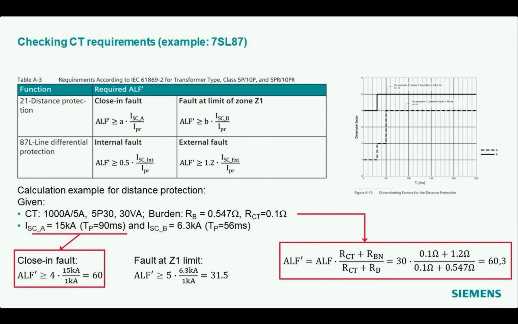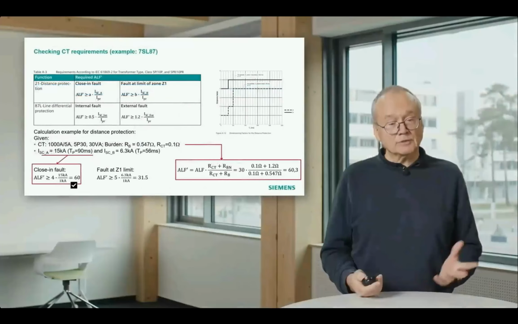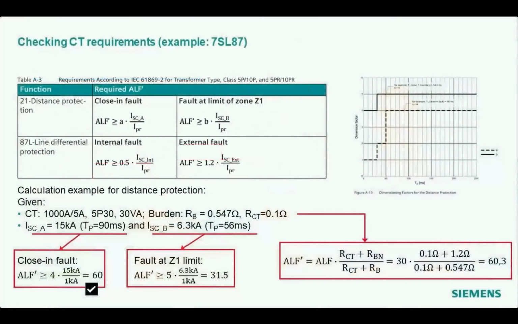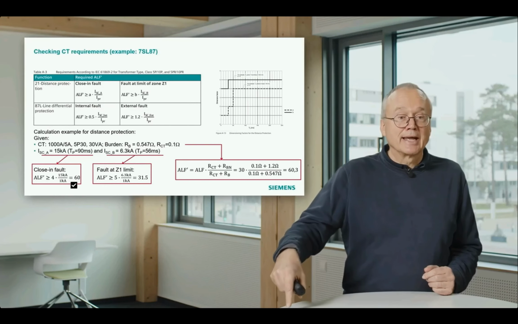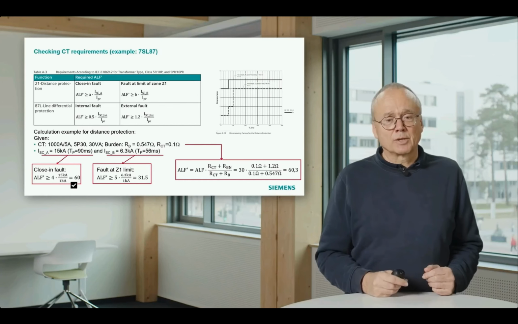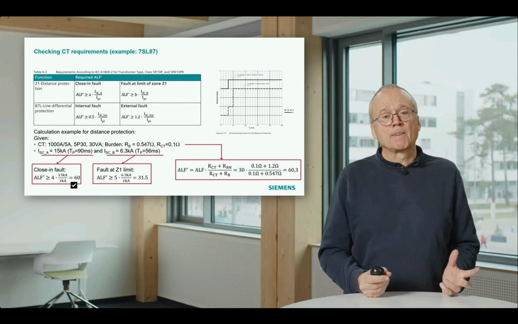We can also check the second limit. Similar formula, but now we have to take the short circuit current at the zone limit, which is 6.3 kA.